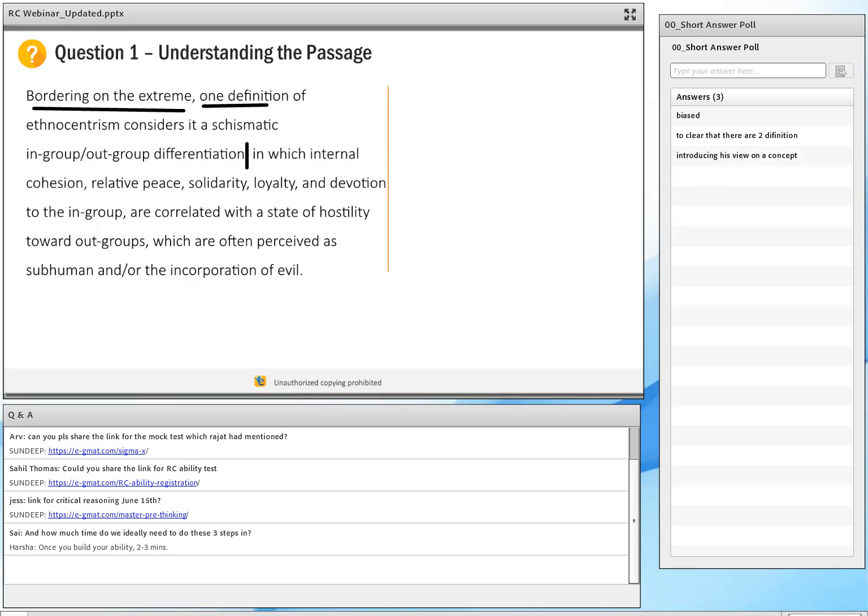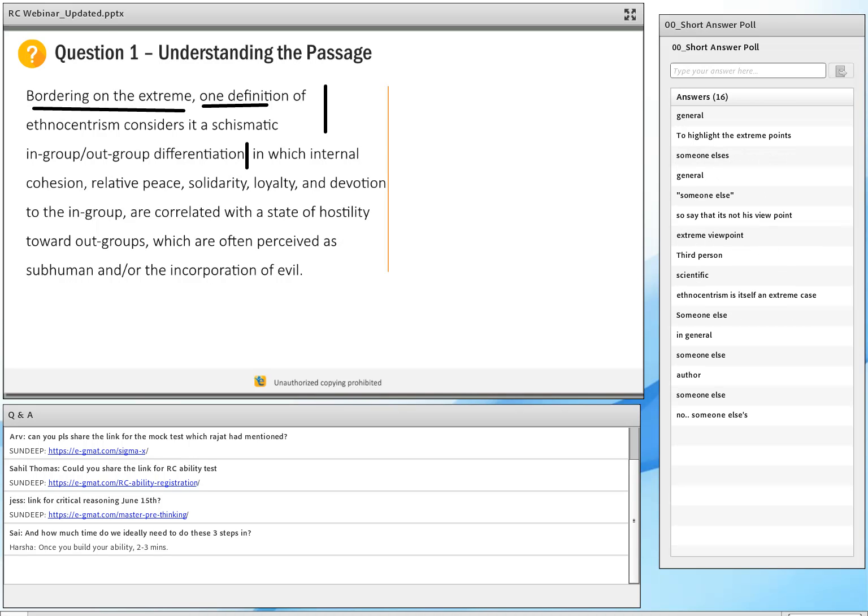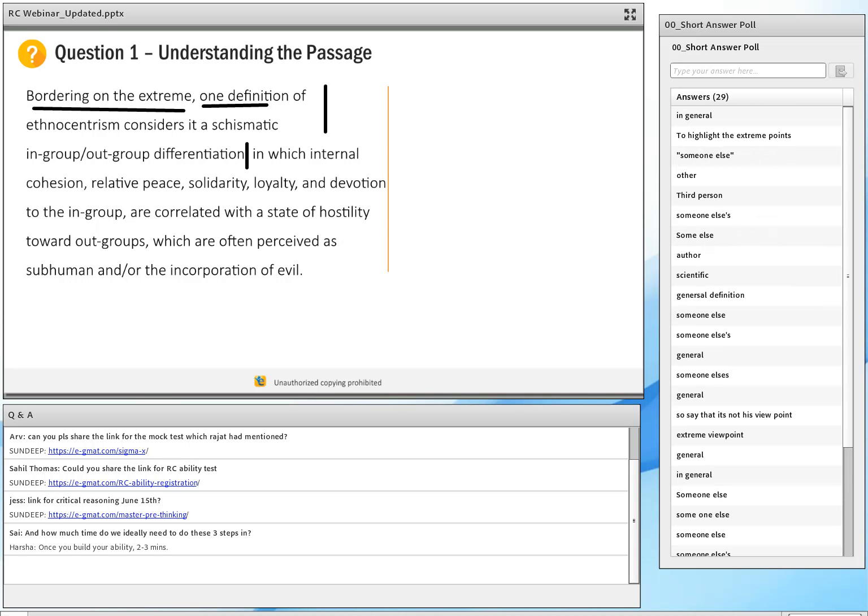All right. Now, whose viewpoint are we talking about? One definition of ethnocentrism. Is it the author's viewpoint over here, or is it someone else's viewpoint? It's a general viewpoint. It is not the author's viewpoint. It may not be the author's viewpoint, but based on this, what we know is it is someone else's viewpoint.